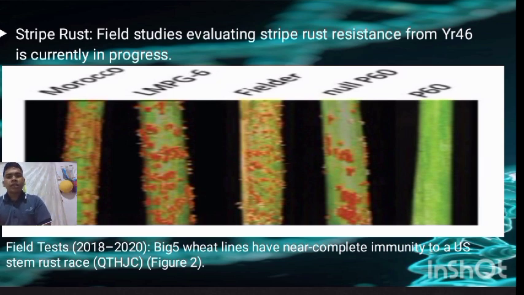So the stem rust work is already completed, but stripe rust resistance is still an ongoing process.